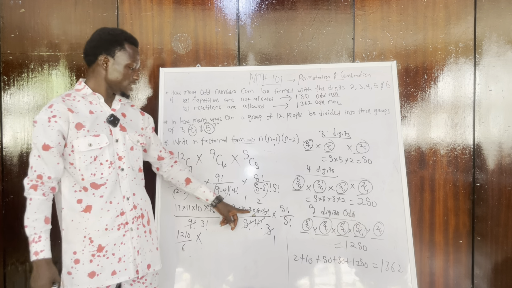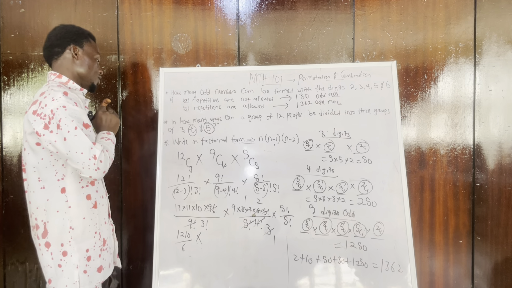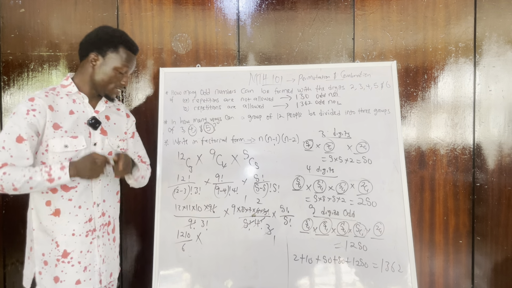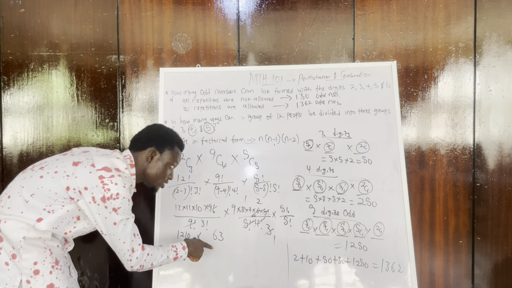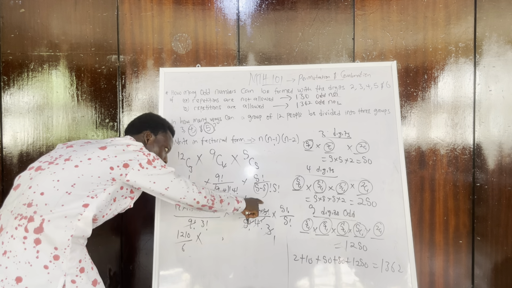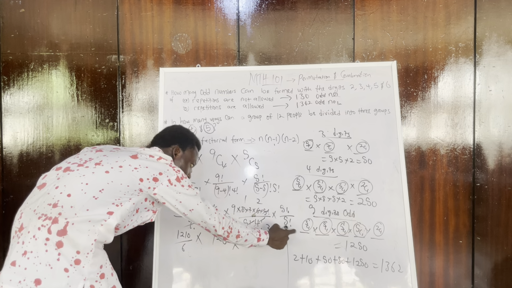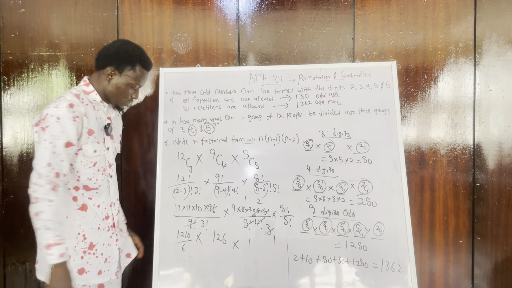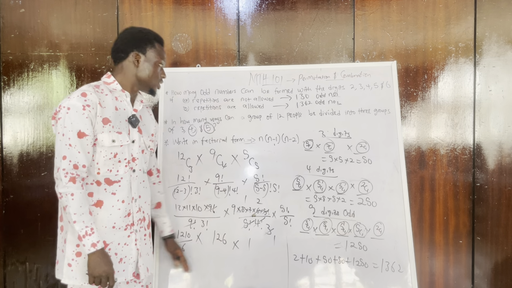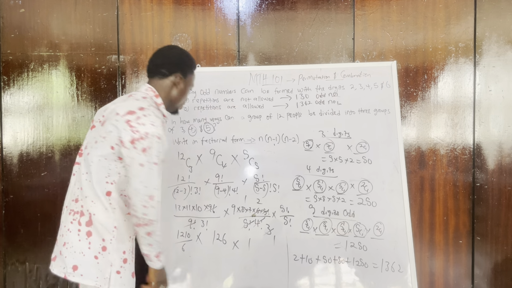So here we have 9 times 7 times 2 left. 9 times 7 is 63, right? Multiply by 2, that's 126. 5 factorial over 5 factorial is 1. So you can just write 1210 over 6 times 126 times 1. That will give you your answer there. So you can just use your calculator and finish the rest.